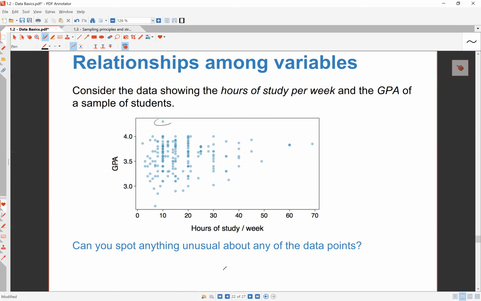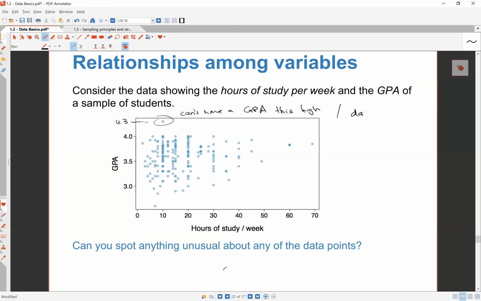Oh, here we run into a problem. Here's a value that's 4.3. GPAs stop at 4. So here, what sometimes happens is people make recording mistakes in the data. Remember, our data is still dependent on humans entering it into an Excel spreadsheet, for example. So sometimes people make a mistake.